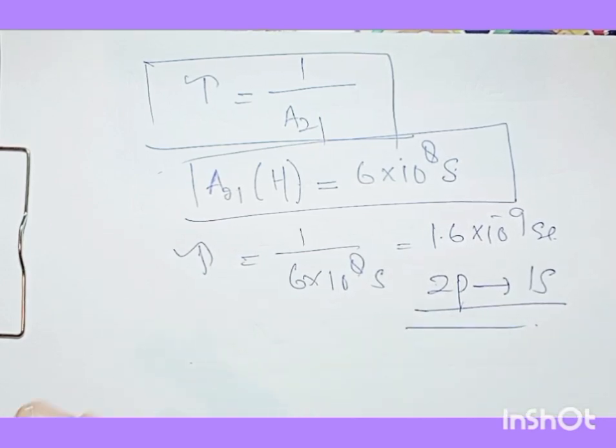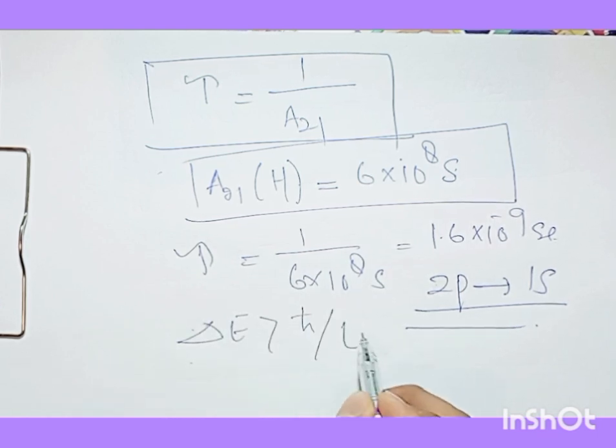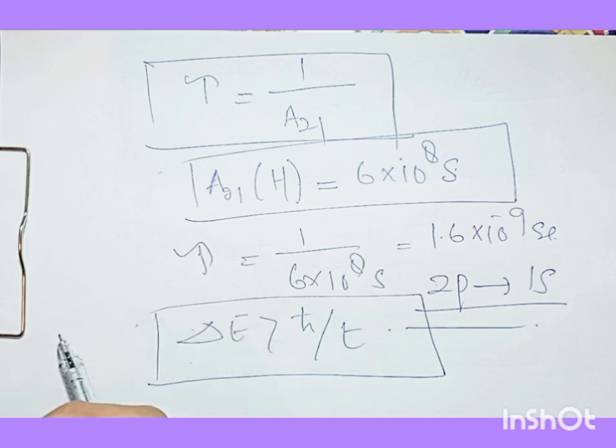So the spontaneous emission rate gives rise to the finite width of the spectral line, because delta E is greater than h cross by tau. This is how the idea of spontaneous emission automatically comes out by exploiting the thermal equilibrium that was exploited by Albert Einstein.